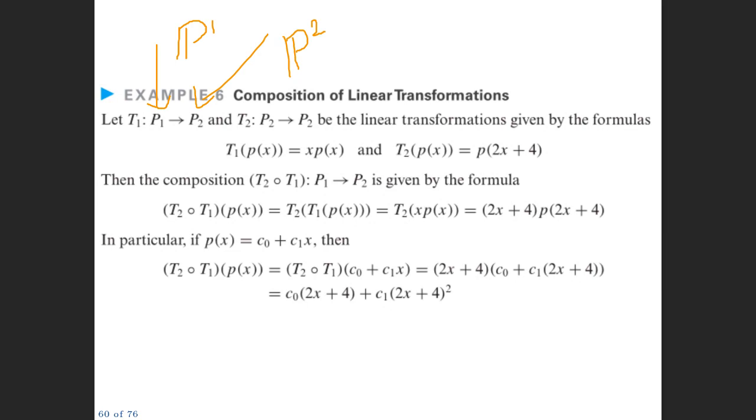And T2 maps from P2 to P2. Let's suppose these are linear transformations given by these formulae. T1 is the one we looked at before. We take a polynomial and we multiply it by x. And T2 takes a polynomial, p of x, and it replaces it by p of 2x plus 4.